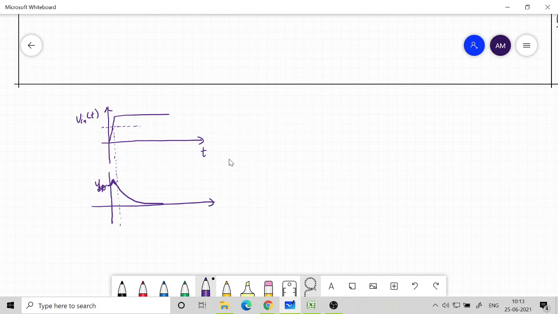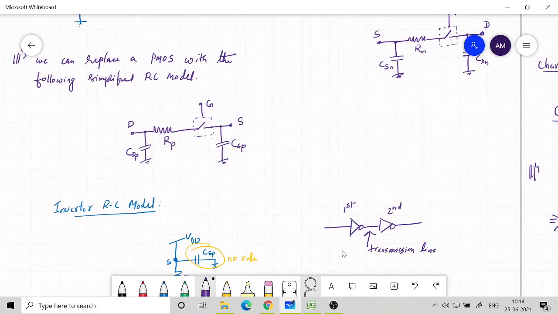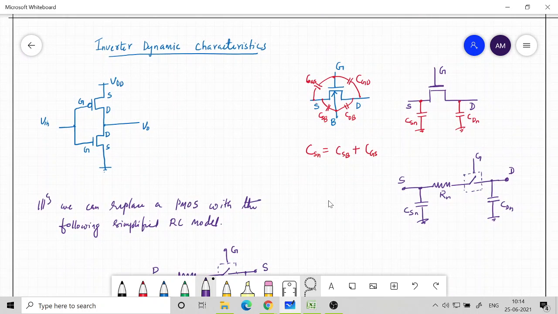The reason why it comes down is that NMOS is off until your VTN is reached. Till that time the output is going to go up, and the reason why it goes up is because there is a gate capacitance connecting the input and the output point.